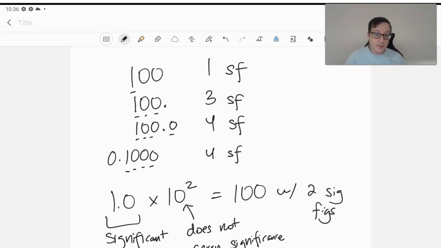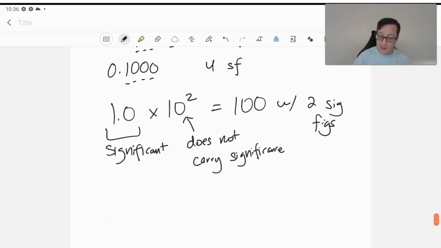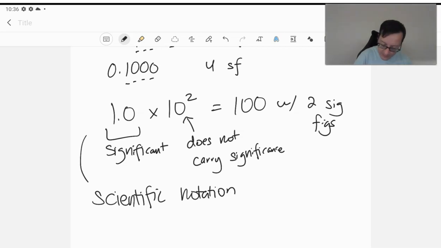So if this is something that's totally new to you, which it shouldn't be, but if it is, I would go ahead and just Google scientific notation because that's how we're going to be using this idea. So scientific notation is how we can explore significant figures with numbers that may have conflicting zeros.